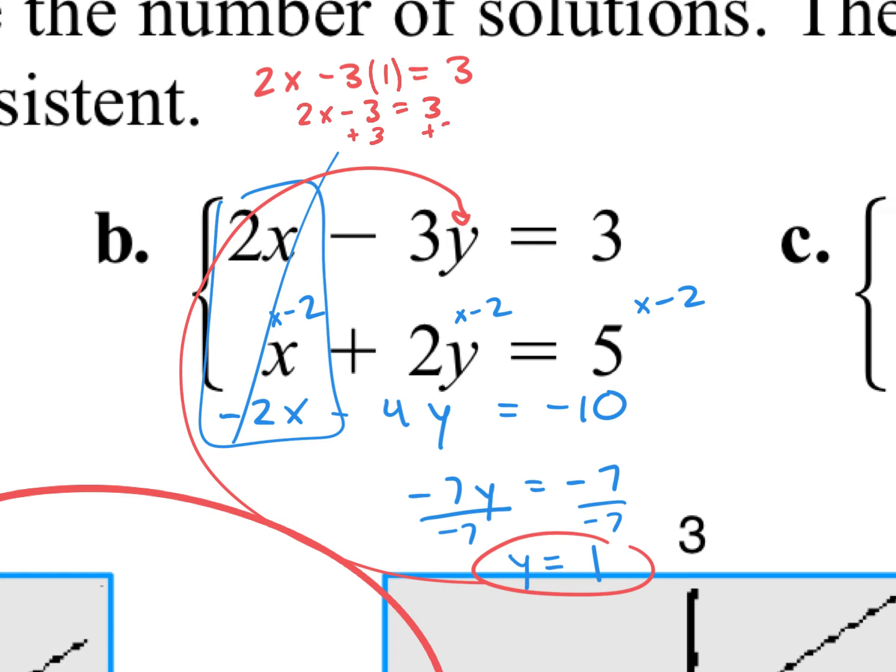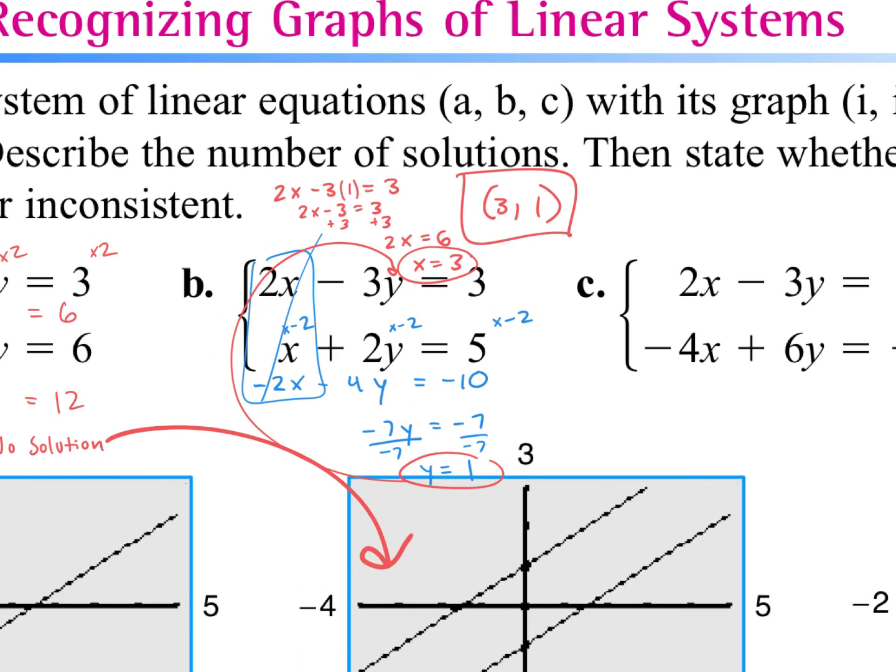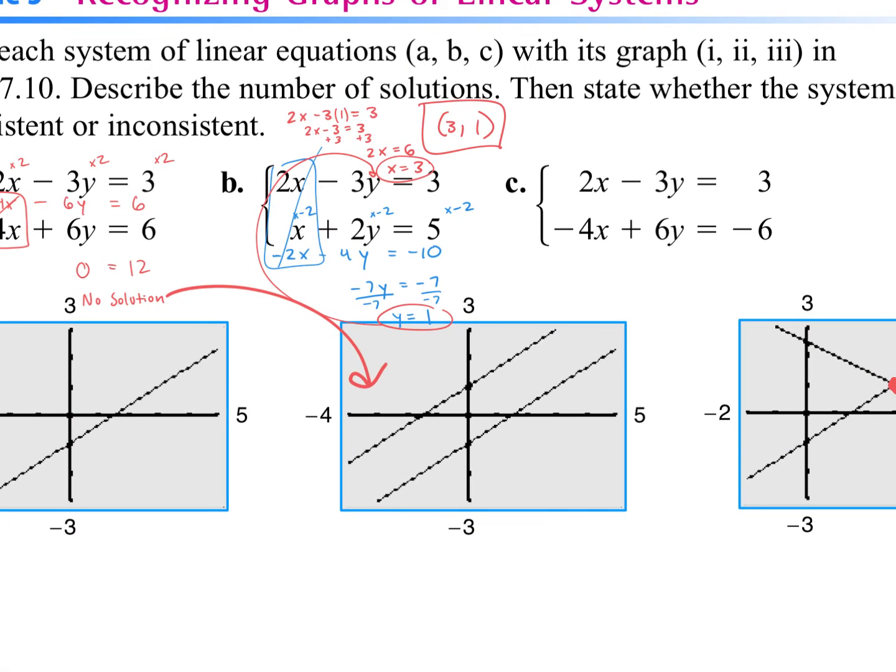Add 3 to both sides. 2x is equal to 6. So what does x equal? 3. So my point here would be 1, 3. So my 2 lines intersect at this point. Nope, it's 3, 1, because x comes before y. 3, 1. So which graph matches up with this one? The third one.